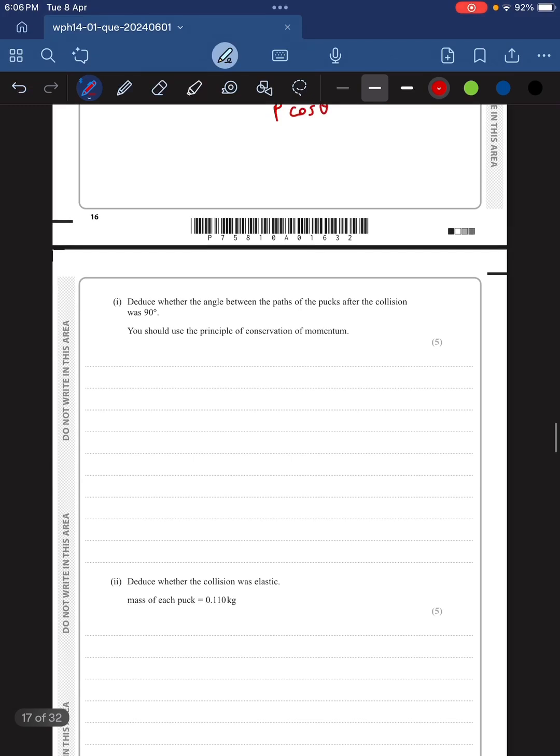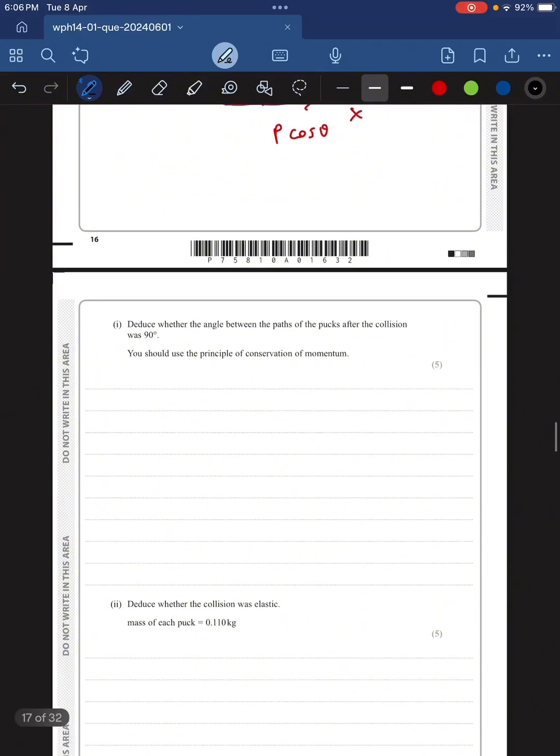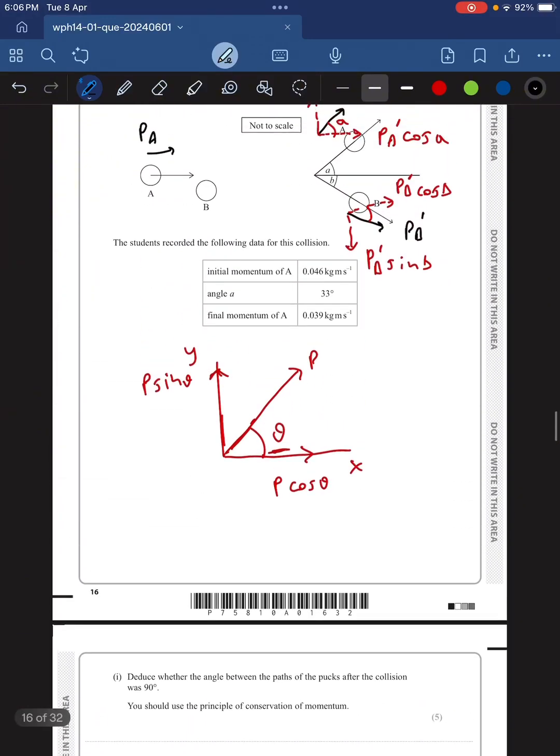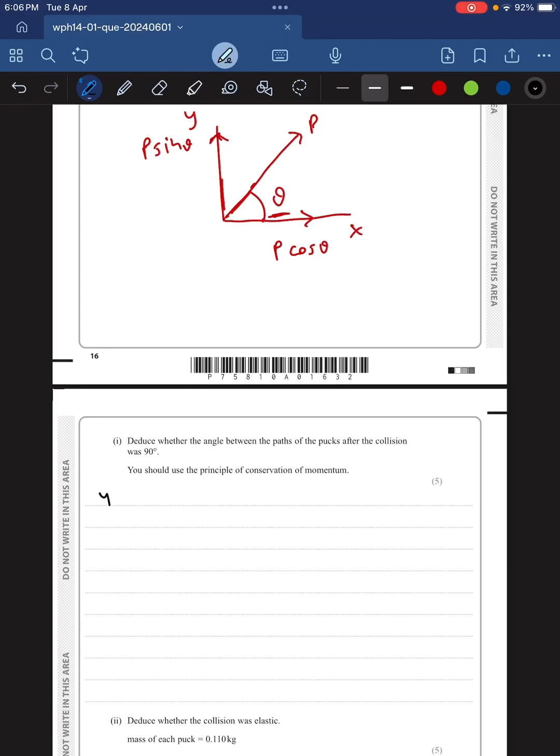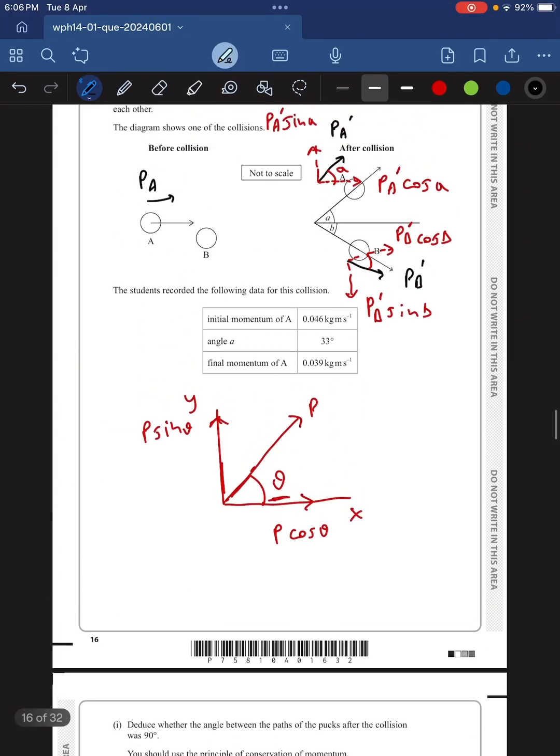Okay. Deduce whether the angle is 90 degrees. So we have to work with the algebra here. Unfortunately, this is going to involve some math. So for the y-axis, the momentum before is 0. Therefore, the momentum after should also be 0. Therefore, the 2 components need to be opposite.